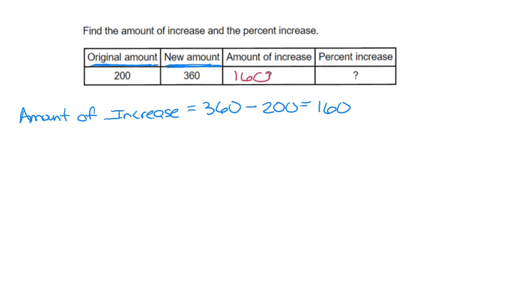Next, they want us to find the percent increase. Notice it says percent, so that means your answer is going to be in percent form. So the percent increase is going to be found by taking the amount of the increase and divide it by the original amount.